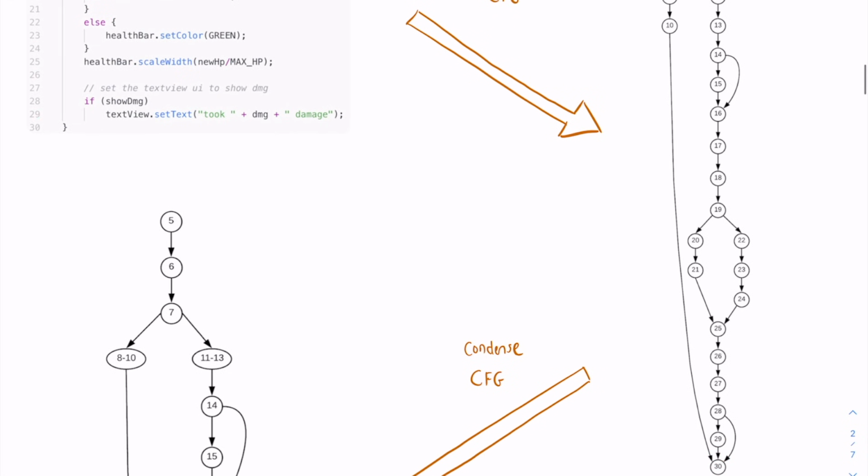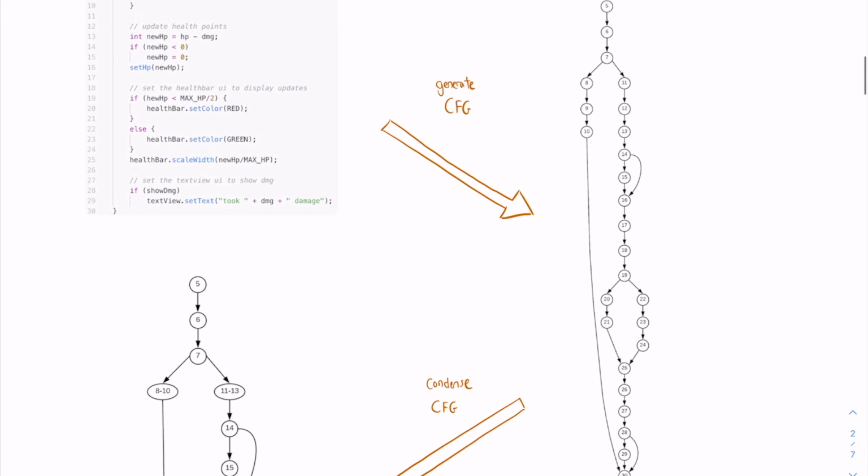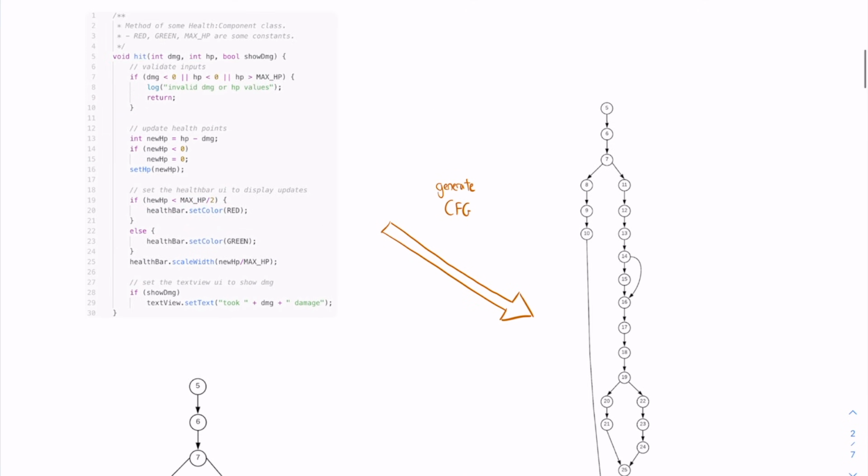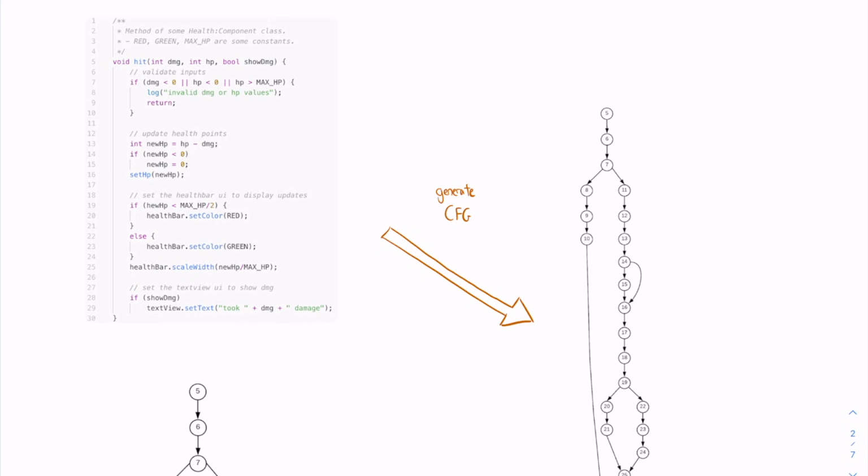If you're having problems, of course, you should pause the video and try to figure out exactly which of the nodes correspond to which of the lines over here. Make sure that you convince yourself that this is a corresponding CFG of the code.